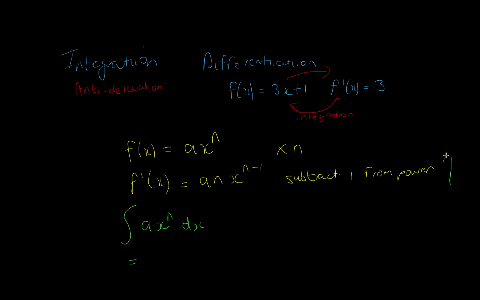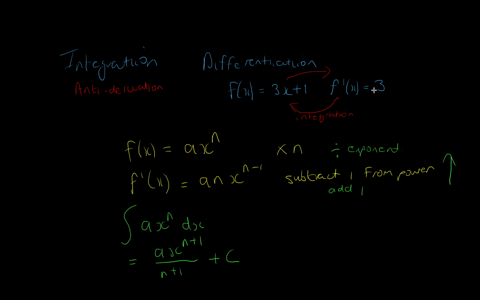Now we go in the opposite direction: we add 1 instead of subtracting 1, and we divide by the new exponent. So it's going to be n plus 1, and we divide by n plus 1, and we need some constant to add to this.